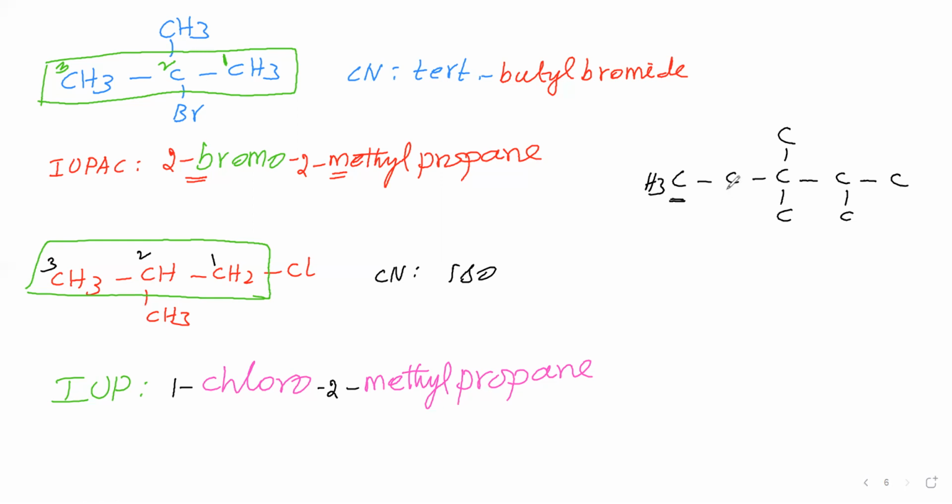This carbon is linked by 2 other carbons directly. Therefore it is called secondary carbon. This carbon is linked by 3 other carbons directly. Therefore it is called tertiary carbon. This carbon is linked by 4 other carbons. Therefore it is called quaternary carbon.